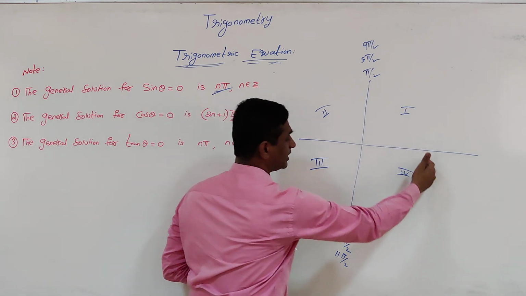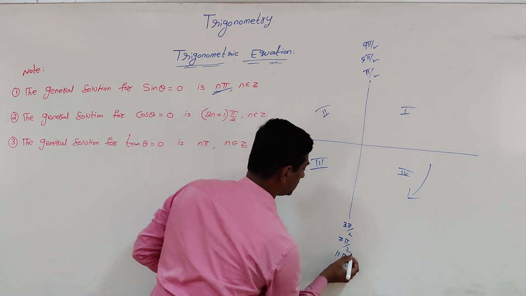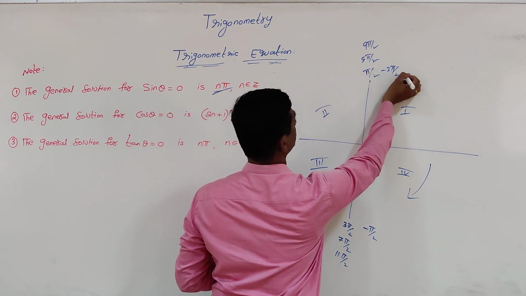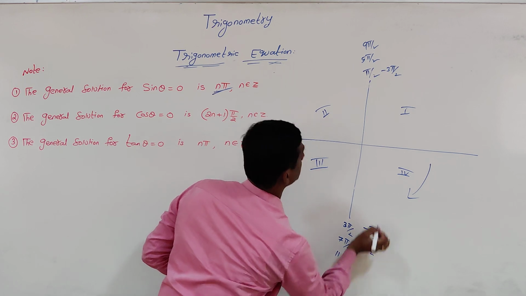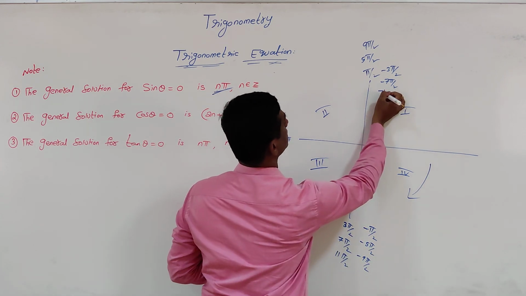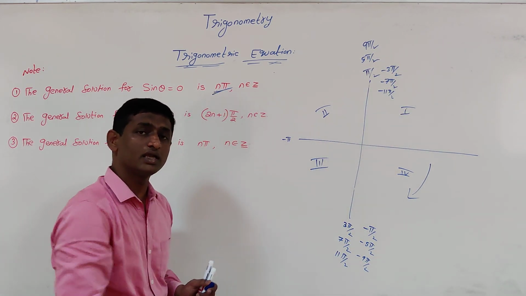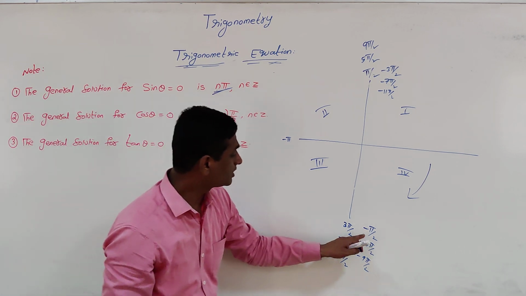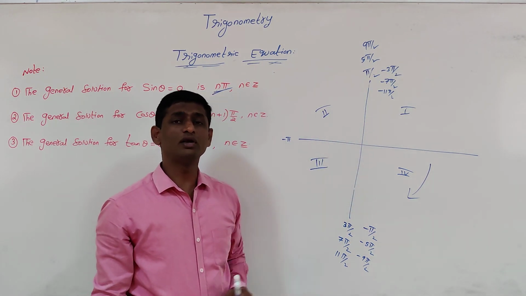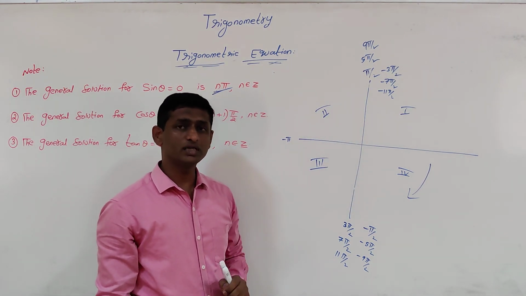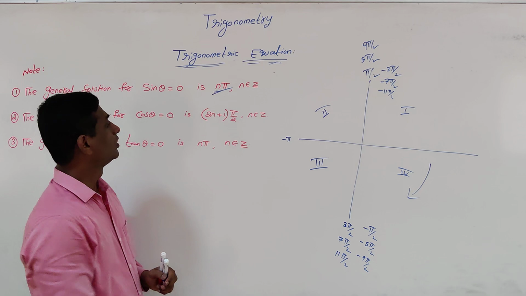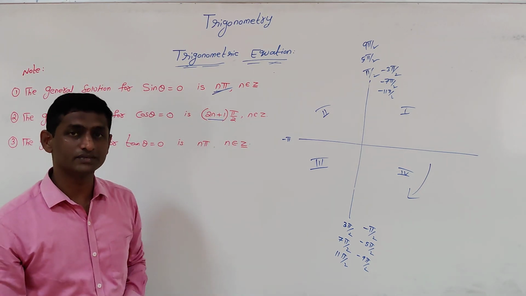Similarly, if you rotate in the negative direction, this gives minus pi by 2, minus 3 pi by 2, minus 5 pi by 2, minus 7 pi by 2, minus 9 pi by 2, minus 11 pi by 2, which are all odd multiples of pi by 2. So in general, the general solution for cos theta is equal to 0 is 2n plus 1 times pi by 2, where 2n plus 1 is an odd integer.